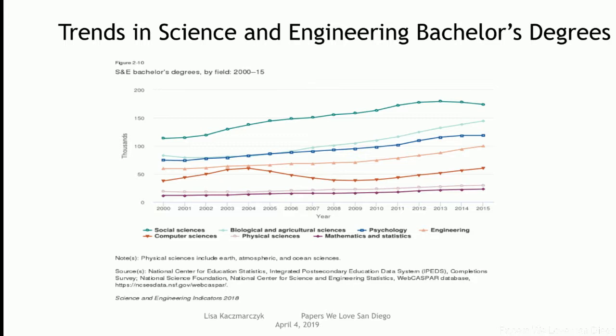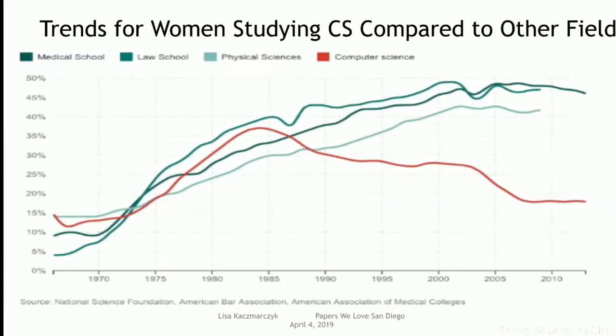Even as we've gone through various periods of economic boom around computer science issues and the economy, it hasn't changed that much. And focusing in on women is also very interesting because it shows you women who major in computer science compared to all of the physical sciences, which includes engineering, law school, medical school.